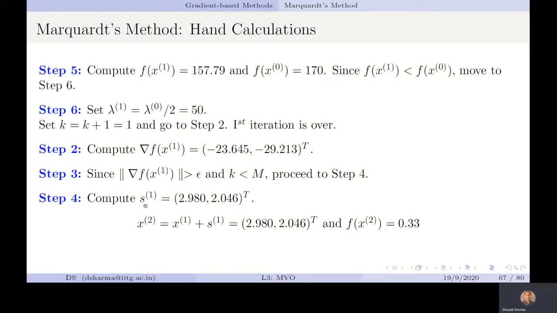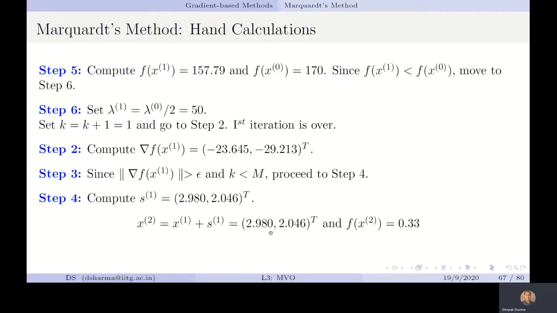Now, step 4, which I have shown you in the previous slide, if we follow all those steps, we will get the direction S1 as 2.980 and 2.046. This particular direction we can take here, and we will get point x2 as x2 equals x1 plus s1.